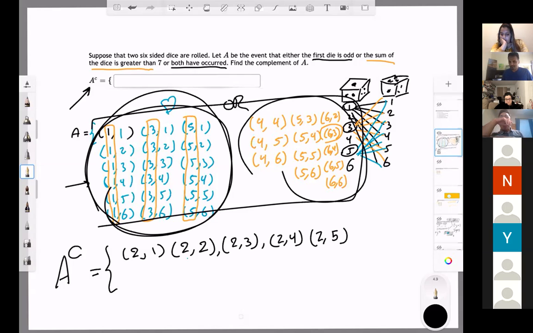Can I say 2, 6? No, it's going to be more than 7. 2, 6 is here. Can I start with 3? No, 3 is here. All the 3s are there. The first one, 3 is there, is odd. The next one is going to be 4. 4, 1, 4, 2, 4, 3.